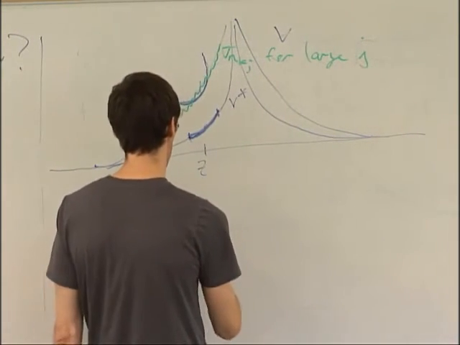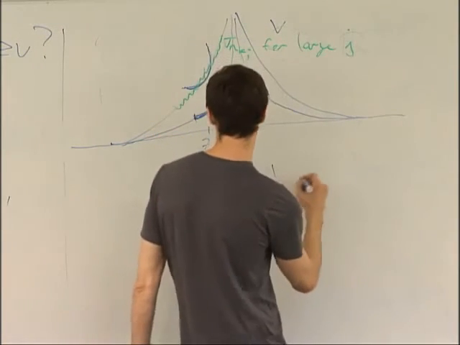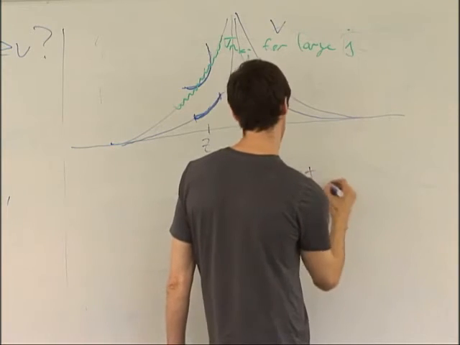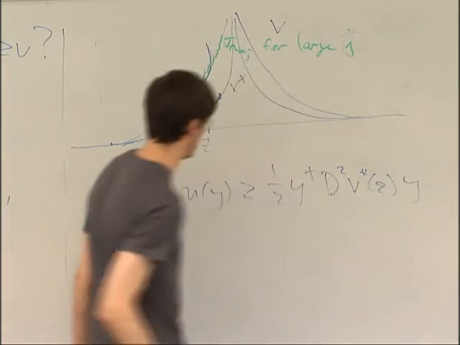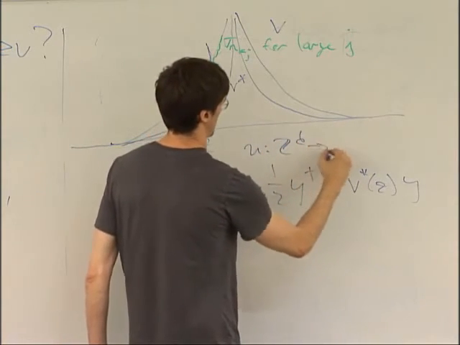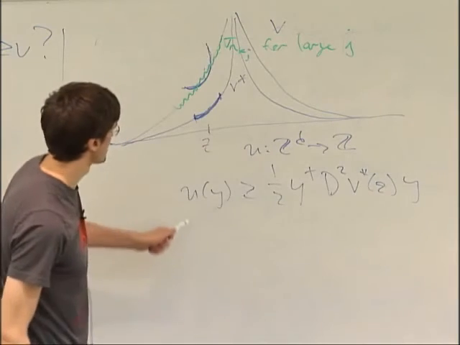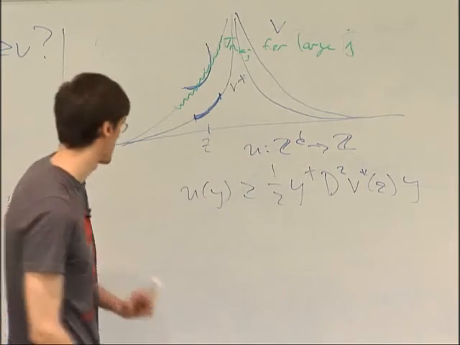So if you remember, we had this U which satisfied this. And so I have this integer valued guy. What I do with this guy is I just rescale it down the same way V is rescaled.